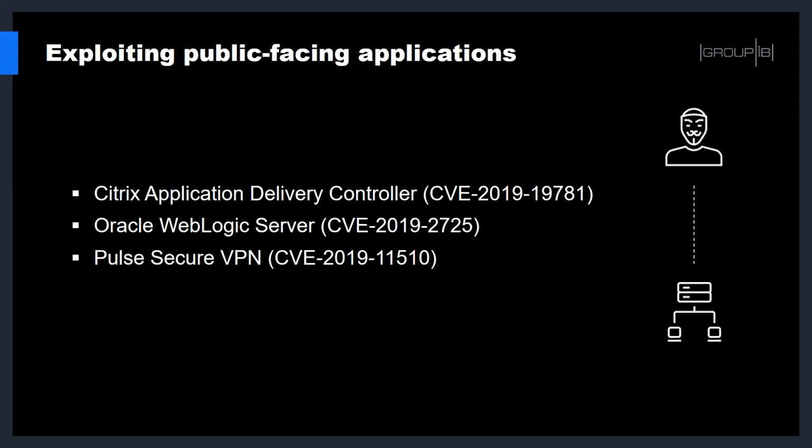We've seen a lot of incidents where this vulnerability was exploited to gain an initial foothold to the network. There are still quite a few servers that are vulnerable, and unfortunately we keep seeing a lot of attacks that used this vulnerability.